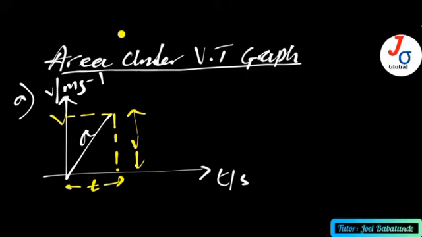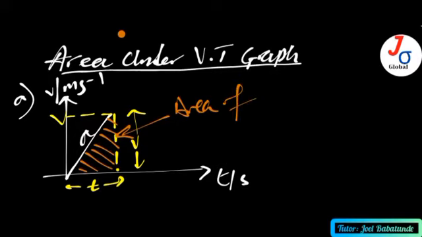So now the question is, what is the area covered under this line? So now you see that this forms a right angle triangle, right? Good. So the area covered by this line is actually the area of a triangle, and that is how to find the distance covered by this particle.